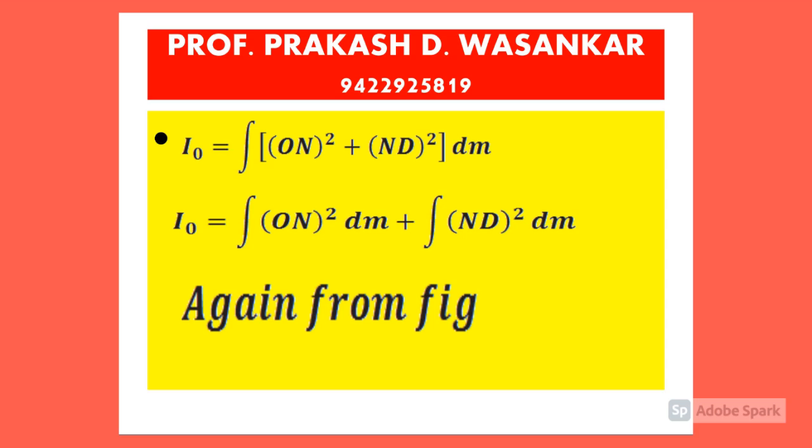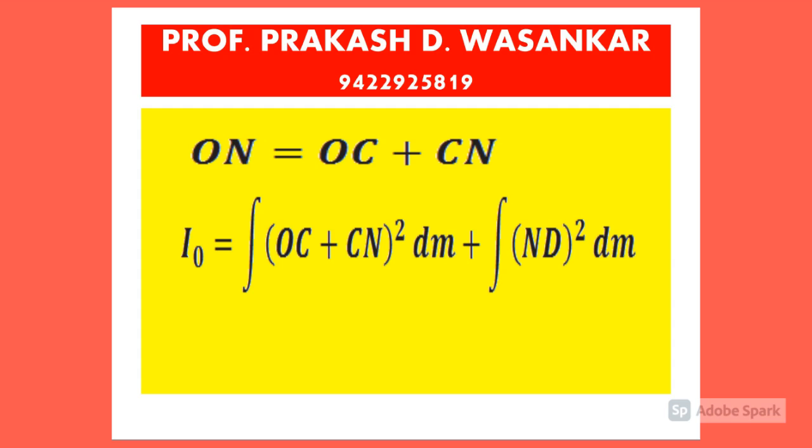Again from the figure, ON is equal to OC plus CN, and put ON in IO. Therefore, IO is equal to integration of (OC plus CN) whole square into dm plus integration ND square into dm.